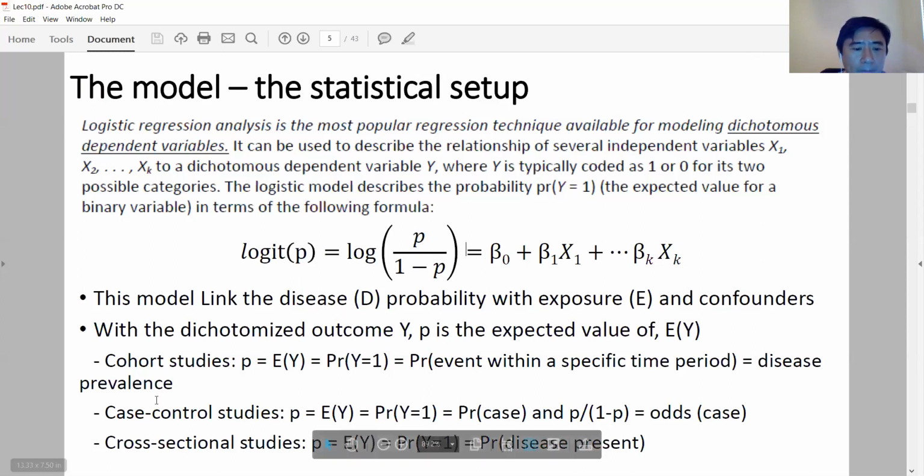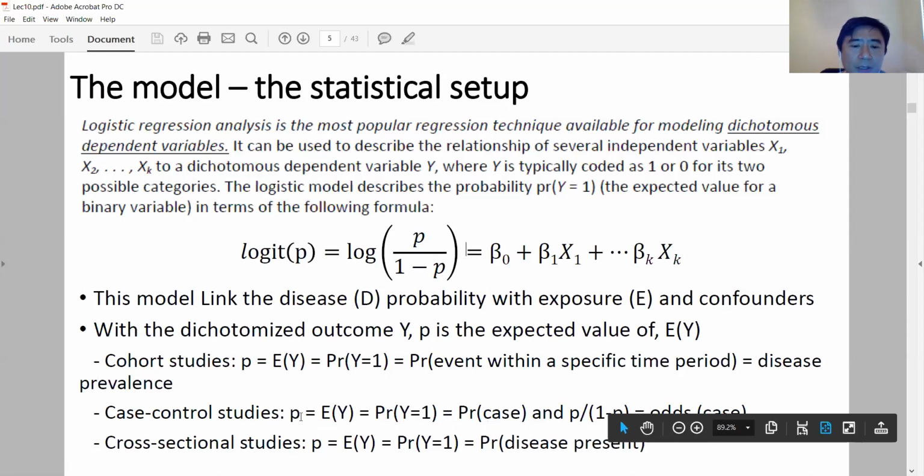All right. And as I said, in the cohort study, this p can be interpreted as the disease prevalence. And in the case control study, this p is basically just the probability of the case, or we can consider it as a risk. Or in the cross-sectional study, because you only look at one time point, this p is basically just the probability of disease present.